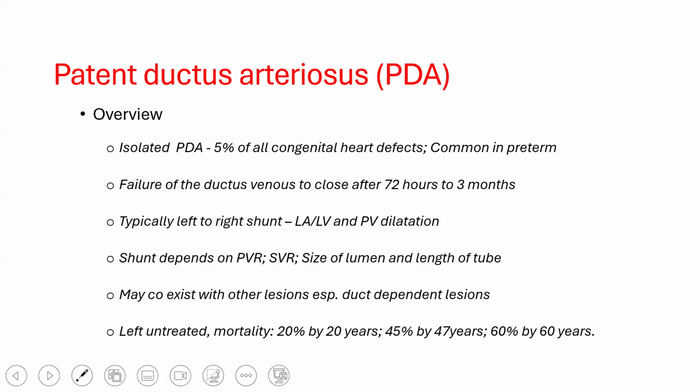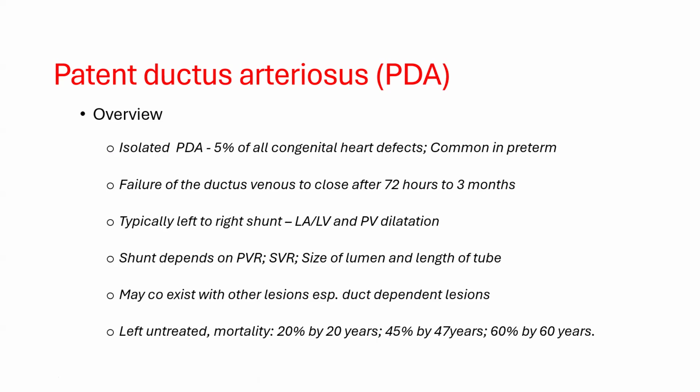It occurs because of the failure of the ductus arteriosus, sorry, not ductus venosus, to close after 72 hours up to about 3 months. What this statement means is that usually we expect the ductus arteriosus to close about 15 hours after birth.